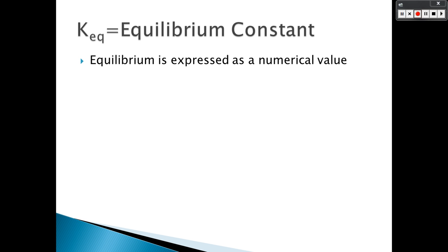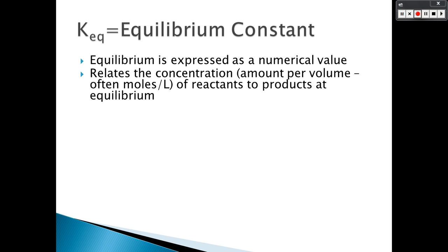As we said, Keq is expressing equilibrium as a numeric value. It relates the concentration of the reactants to the concentration of the products at equilibrium. I found out today in class that a lot of you are fuzzy on this idea of concentration. Remember that concentration is the amount per volume.